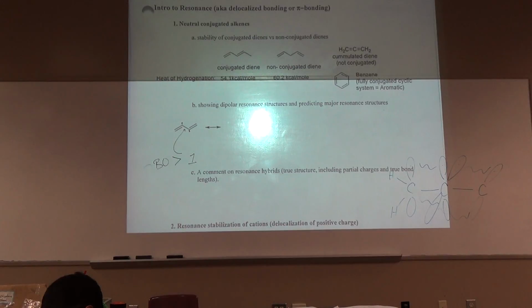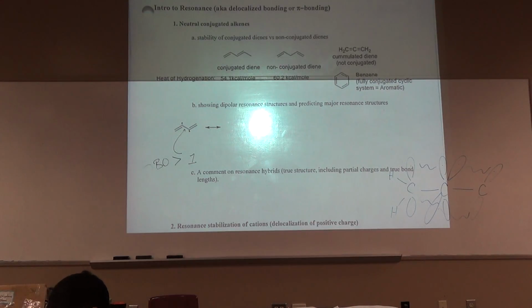Not the first one we drew, the second, the middle structure. Bond order was 1. What about the third structure?